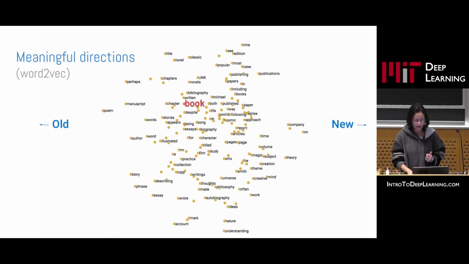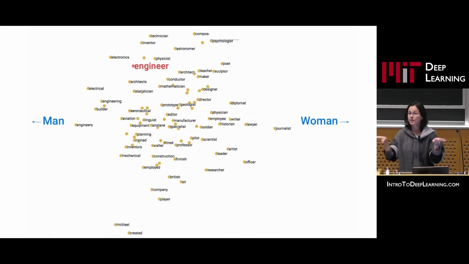Okay, interesting. Now let's look at a different set of words. My axis now is man to woman, and my anchor word is engineer, and all of its nearest neighbors. So I can tell already the engineer is closer to man than it is to woman. By the way, the y-axis doesn't mean anything, it's random.